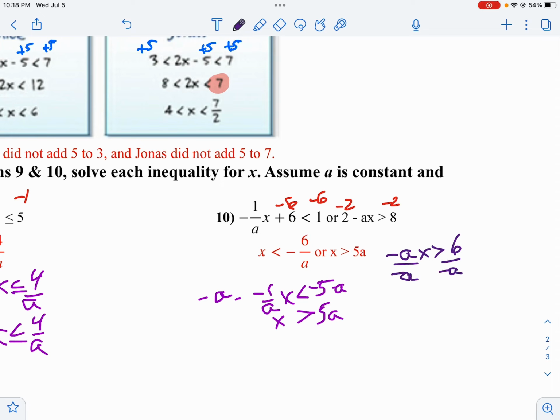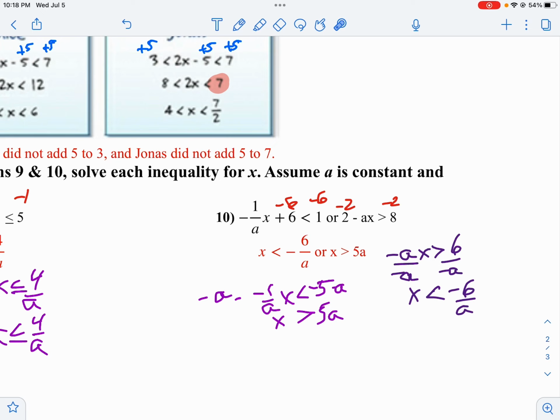And remember, flip the sign because you're dividing by a negative, because a is positive. So x is less than negative 6 over a. I don't care if you write the negative out in front or with the negative 6. I wouldn't suggest you write it with the denominator, although that's technically correct.